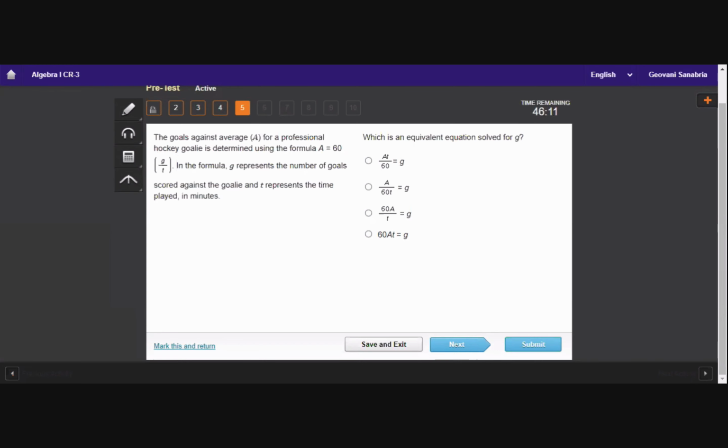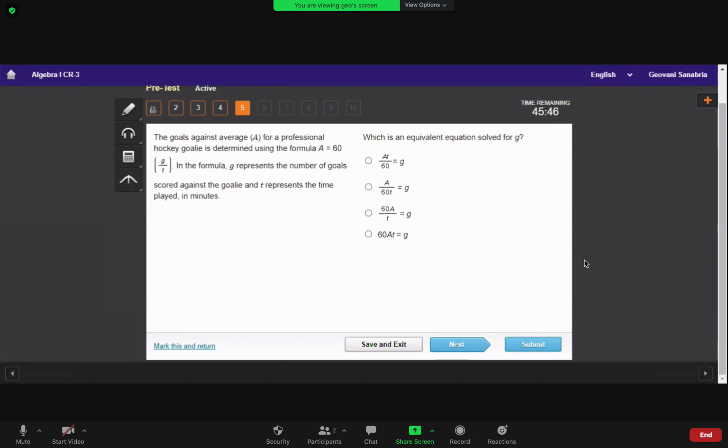And then if you want to get the G by itself, so it would be A equals 60G, and then the line underneath, all of that divided by T. Can I show you this one, actually? Yeah, for sure. All right, I think it'll be pretty quick.